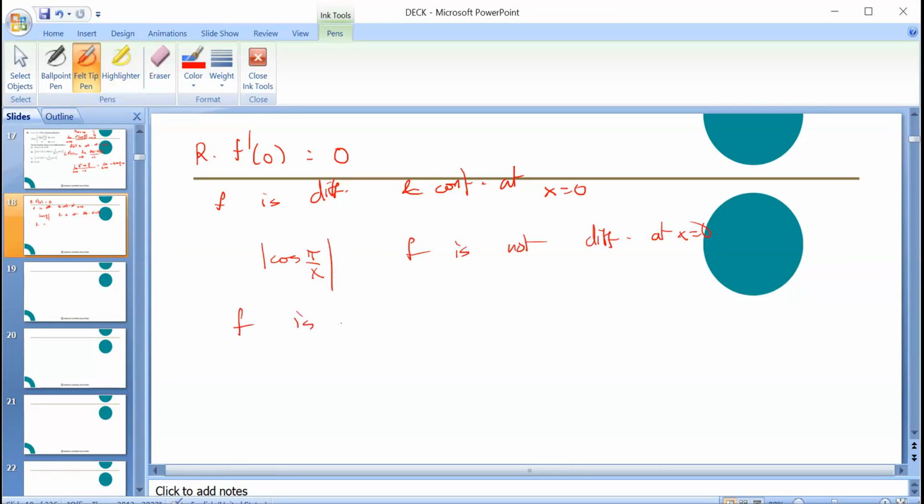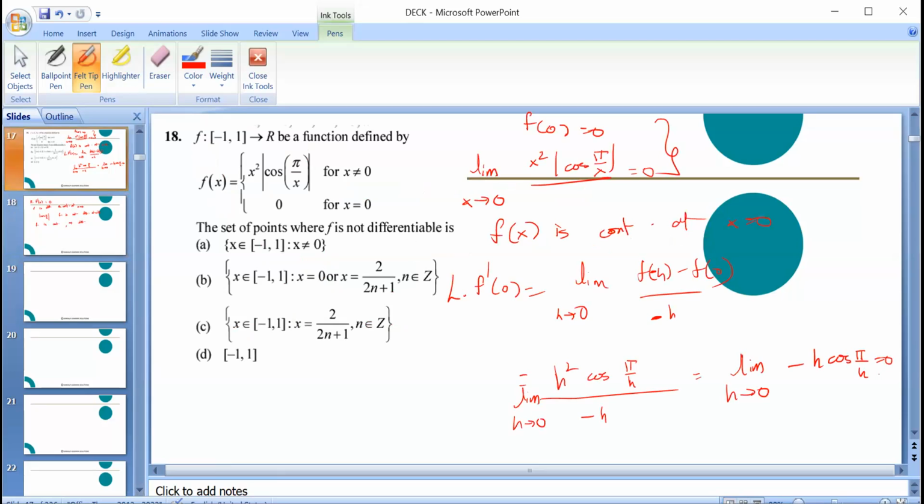That means f is continuous but not differentiable. So you can take off. Why option C?